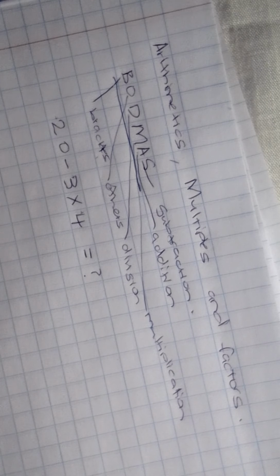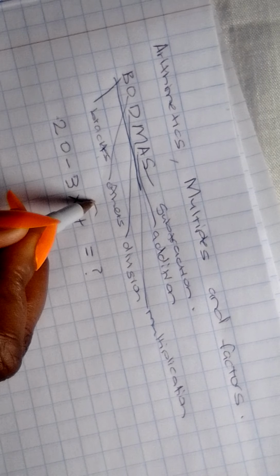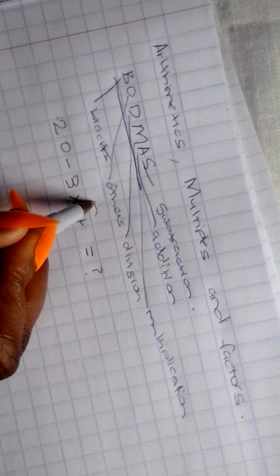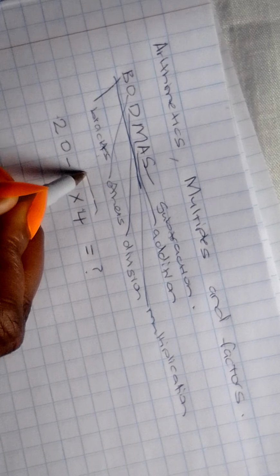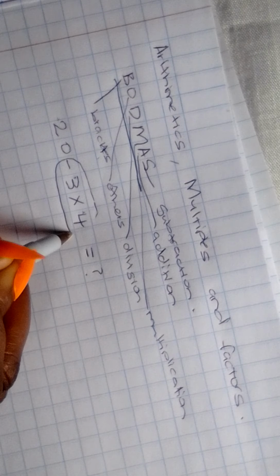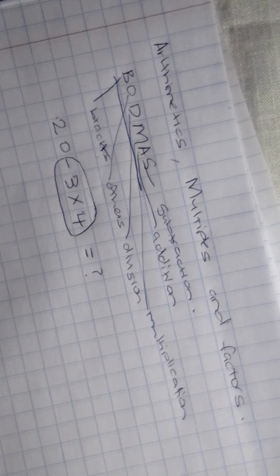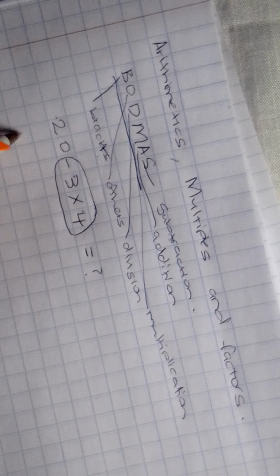Now, this is our first question. We are going to first deal with the multiplication. It goes like this: minus 3 multiplying a silent plus 4. We take down our 20.